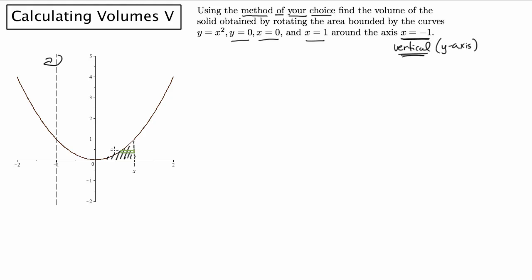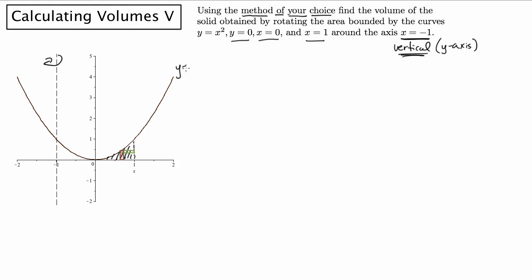If I went with shell's method, then a typical rectangle for shell's method would be vertical, and I would then have to rotate that around the line at x equal to -1 also. So in the case of shell's versus washer, which one would be easier? Well, I think shell's clearly has the advantage here.